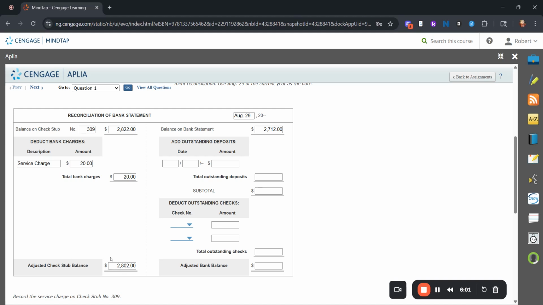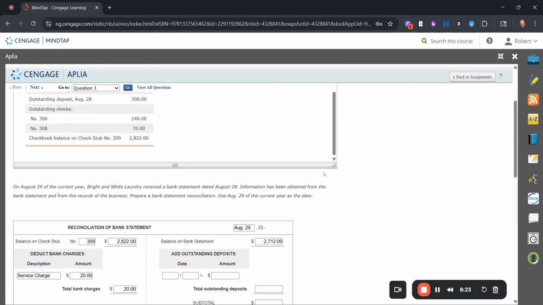So the most accurate number for the business's side on the record keeping is they literally should have $28.02 in their bank account. It's just that the deposits in the bank and the checks coming out haven't been reflected on the official statement yet. So that's what we're going to do.